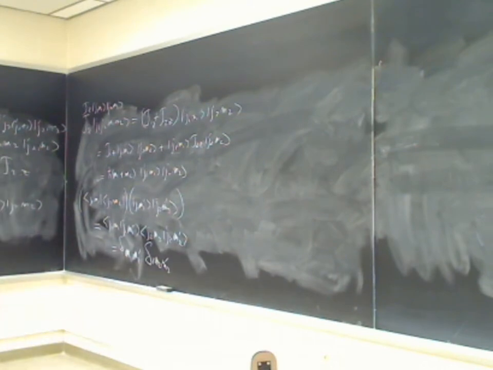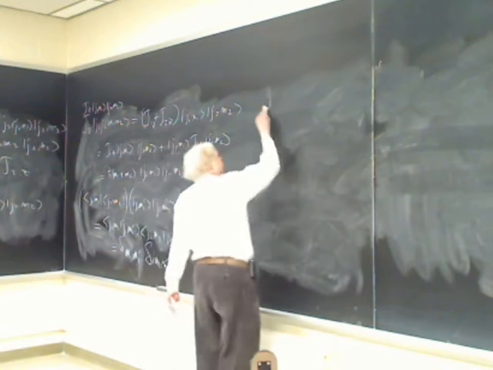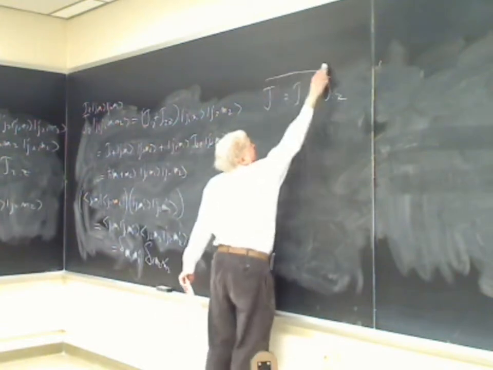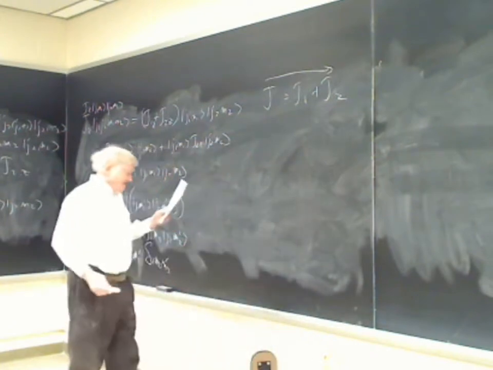Now, we're going to introduce other states that are going to be eigenstates of J1 squared and J2 squared, but also of J squared and JZ. First of all, let's check that J equal to J1 plus J2 is an angular momentum.